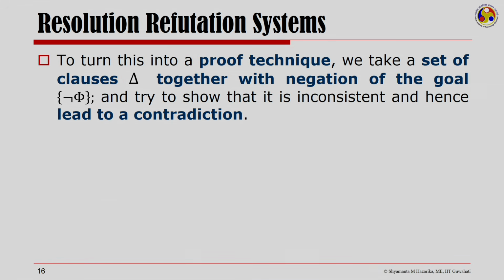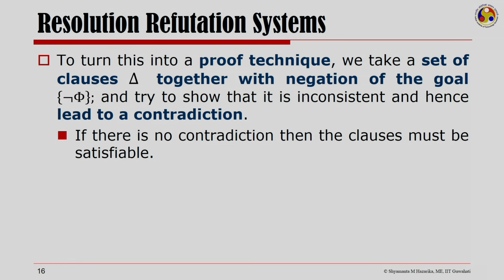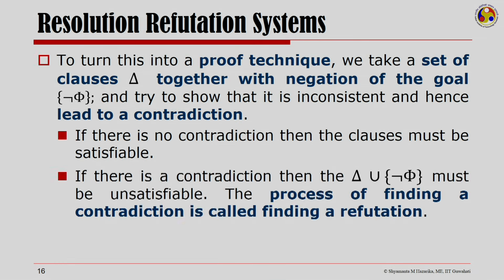Now, to turn this into a proof technique, this is what we have to do. We take a set of clauses delta, and together with that we take the negation of the goal, not of phi, and try to show that it leads to a contradiction. If there is no contradiction, then the clauses must be satisfiable.